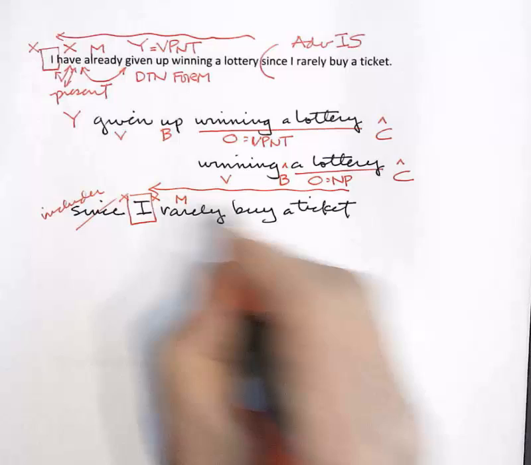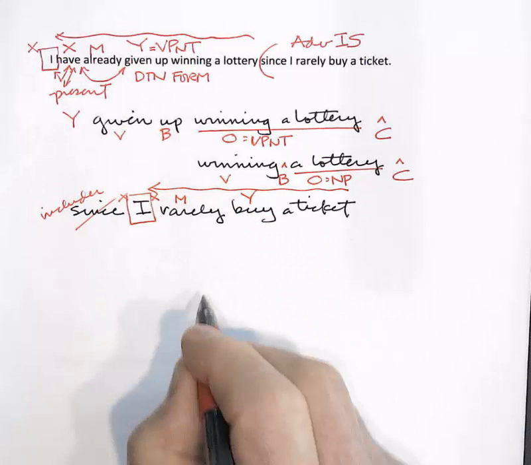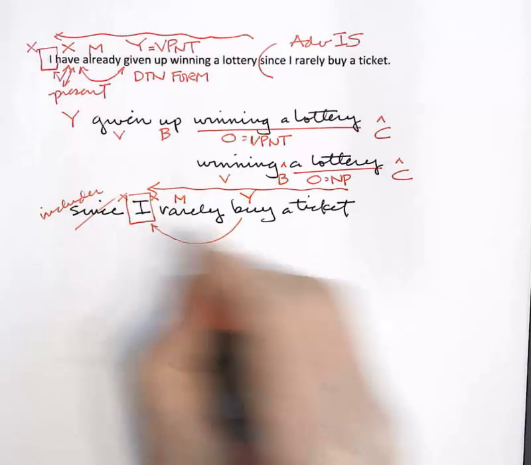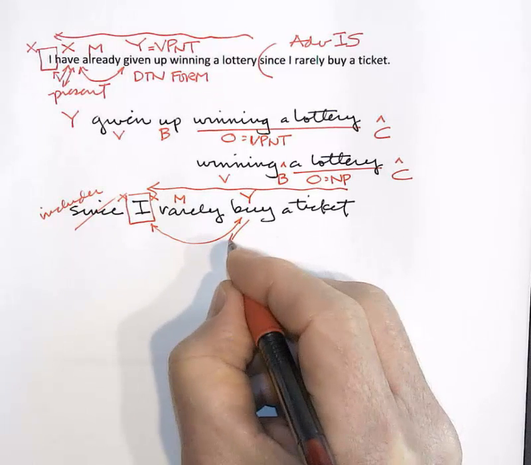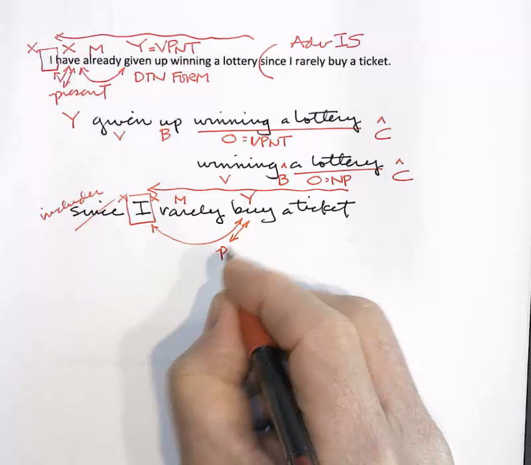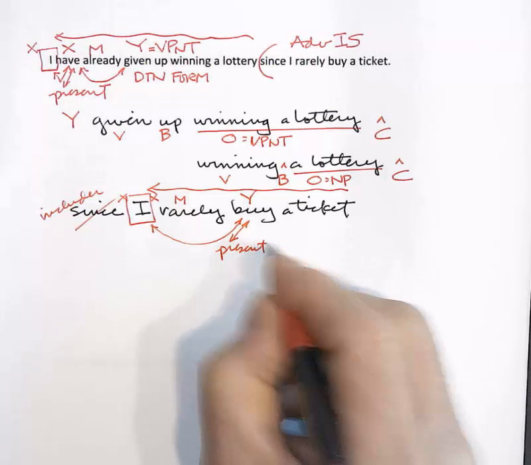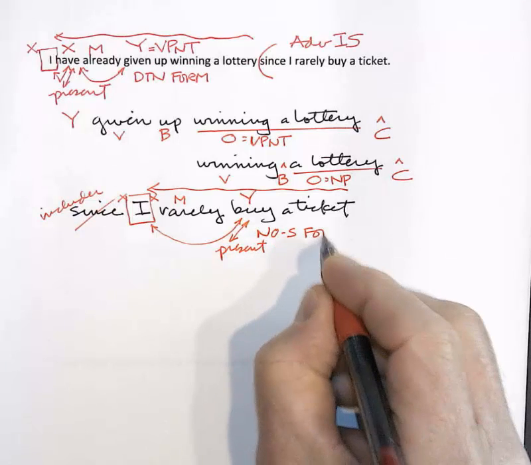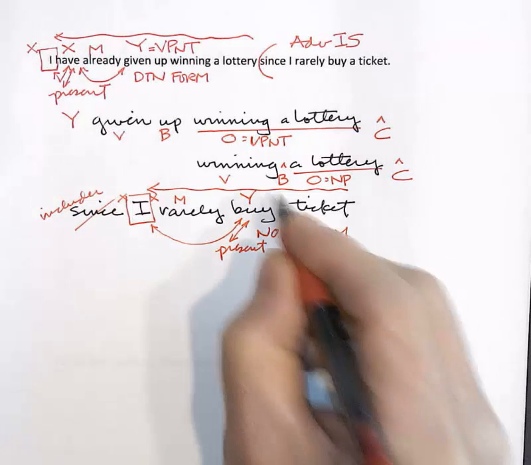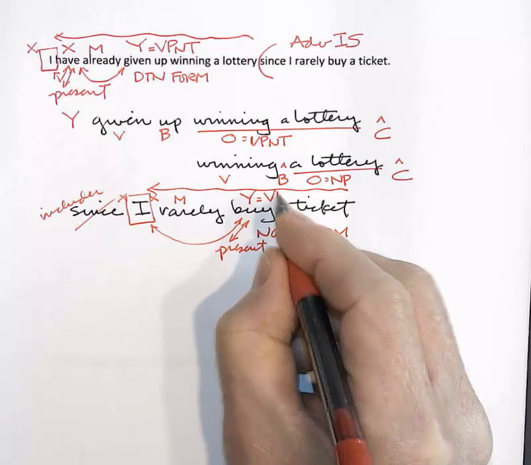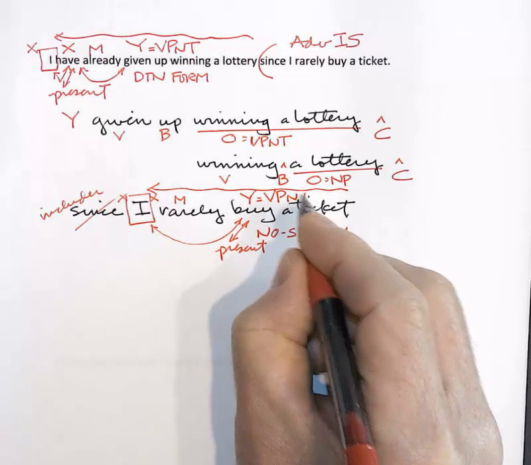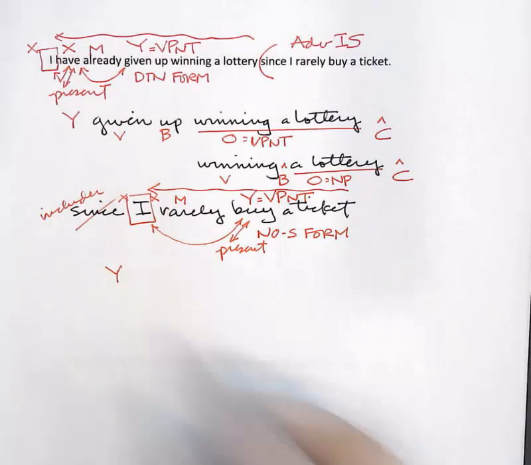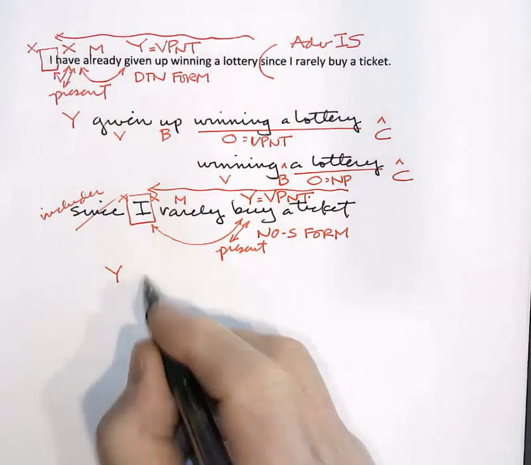Rarely is in the M place, and buy a ticket is Y. Now buy ties with the subject, buy ties with the present. Buy is the no S form. So Y is a verb phrase, no time. We'll rewrite our verb phrase, buy a ticket.